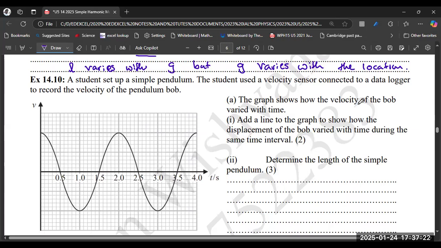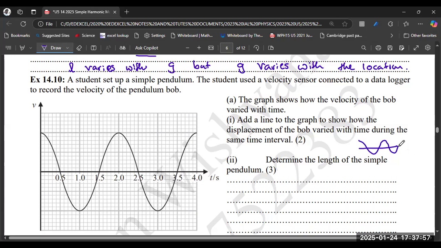Then the graph shows how the velocity of the bob varied with time. Add a line to the graph to show how the displacement of the bob varied with time during the same time interval. This is the velocity shape they have given.